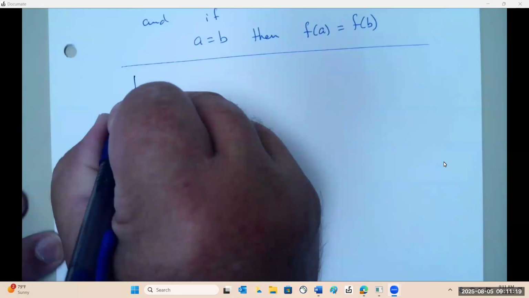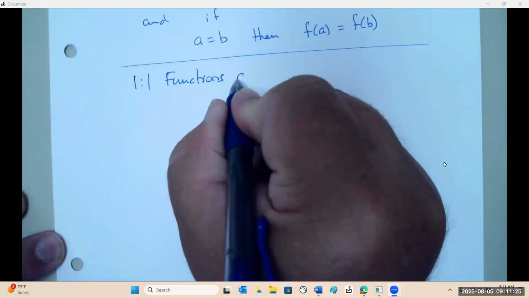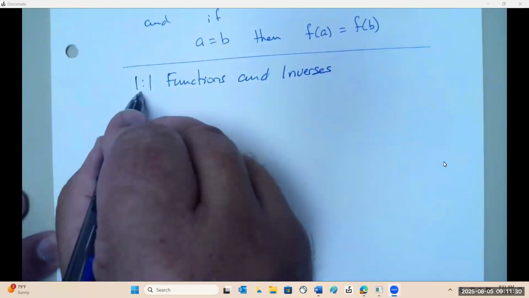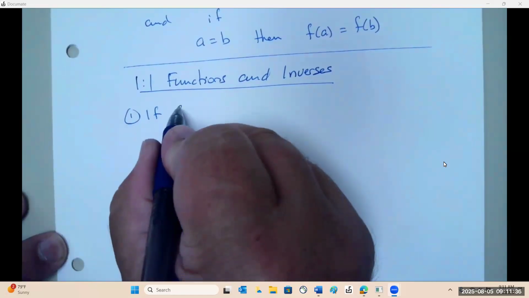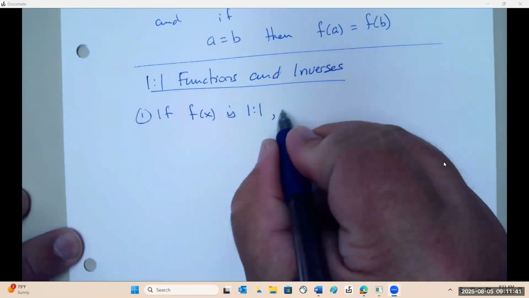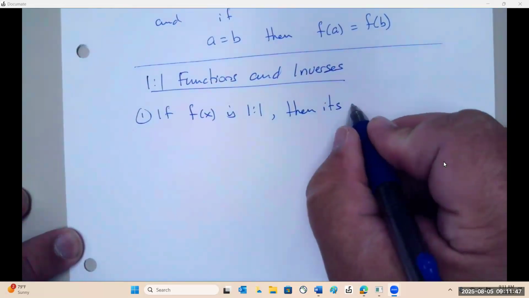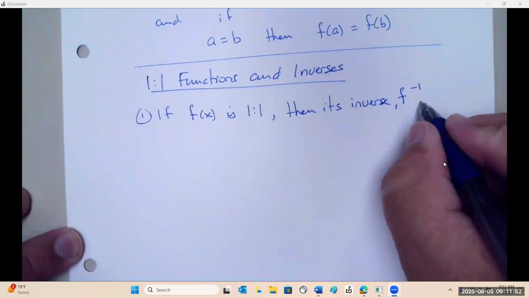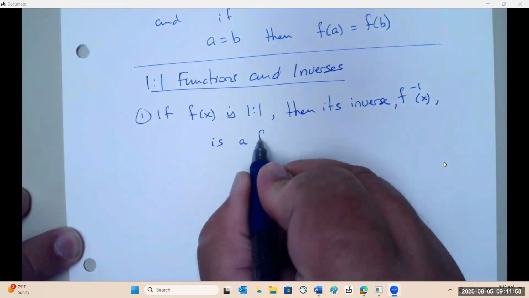So we have 1-to-1 functions and inverses. If a function f of x is 1-to-1, then its inverse f inverse is a function.